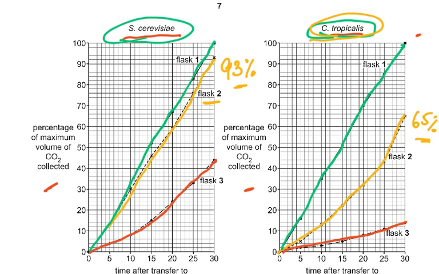So the rate of anaerobic respiration is much less because there is no Crabtree effect. You have to understand what the Crabtree effect is. As there is no Crabtree effect, there is less carbon dioxide.